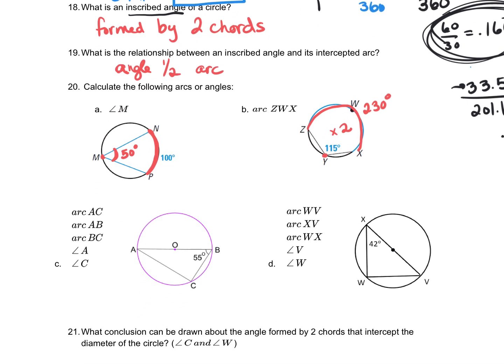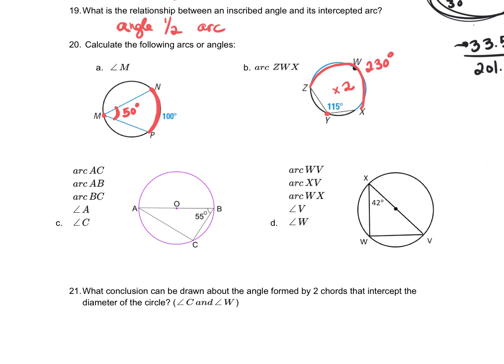I'll go through problem C with you, and then you can try D. So we're looking for arc AC. AC is here, and it's formed by angle B. Well, angle B is 55 degrees.